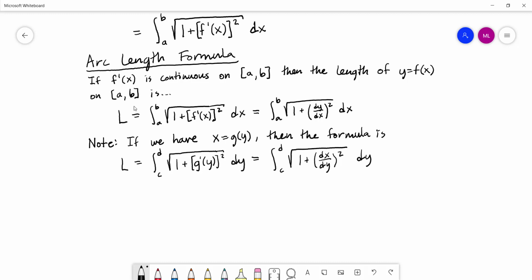And so you may encounter situations where this formula is slightly easier to use than this one up here.